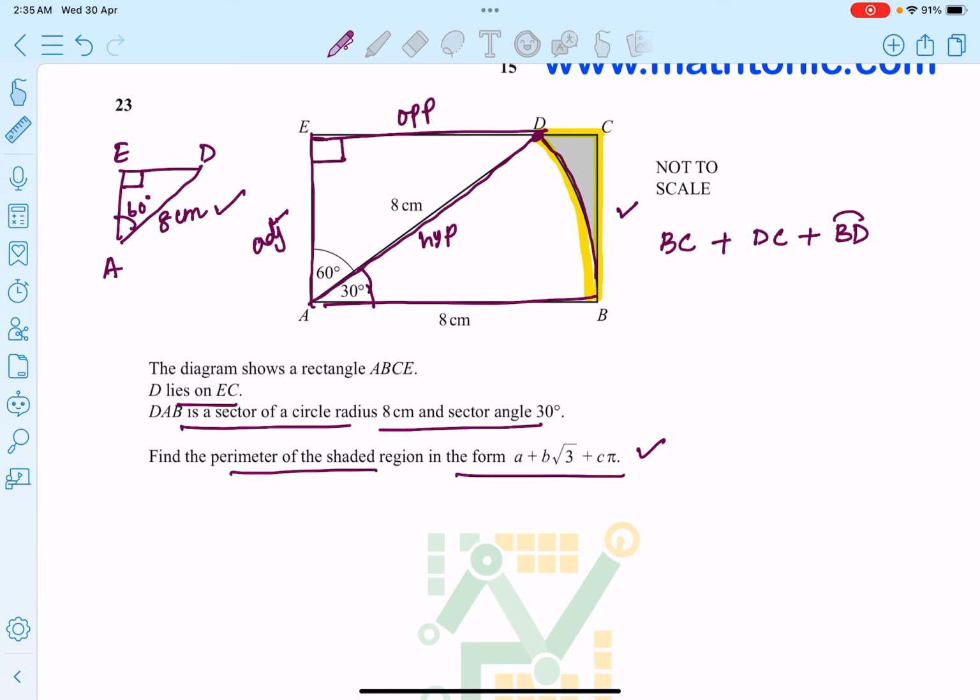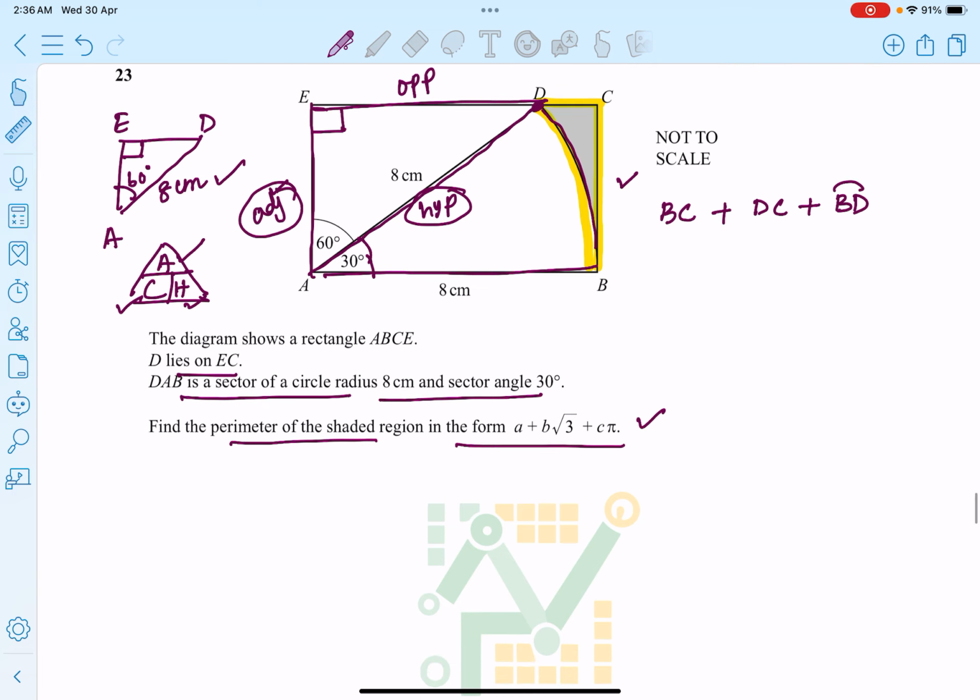So which rule, sine, cos and tan, SOHCAHTOA, deals with hypotenuse and adjacent? Cos, and we know that this is CAH, right? So we have to find adjacent. Adjacent equals cos of angle times hypotenuse.